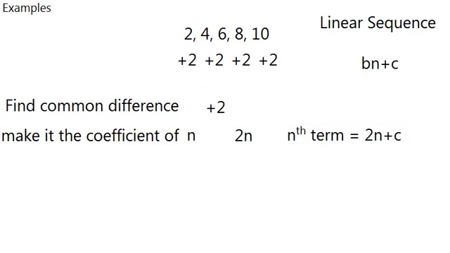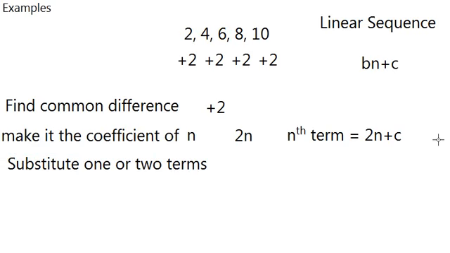Now we do something really similar to finding equations, which is to substitute a term or two into the nth term. Basically the nth term is like our y equals 2x plus c, and how we can get c is from rearranging and substitution.